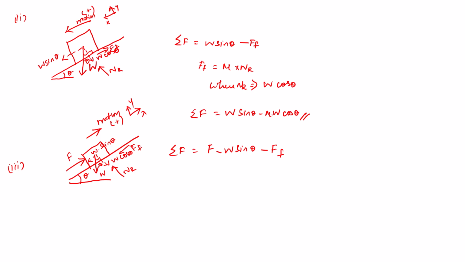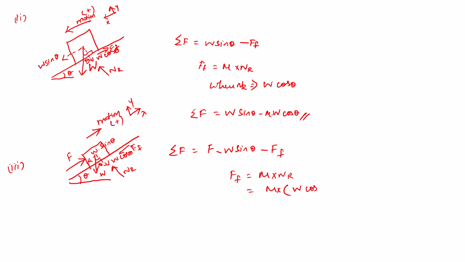Now we need to elaborate the FF. It is mu into NR as usual, where NR, expanding it, is left over with the vertical forces in the downward direction, which is W cos theta. That is the only thing you have in this case.